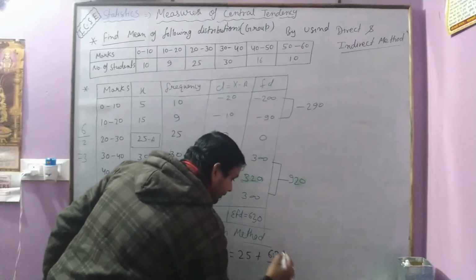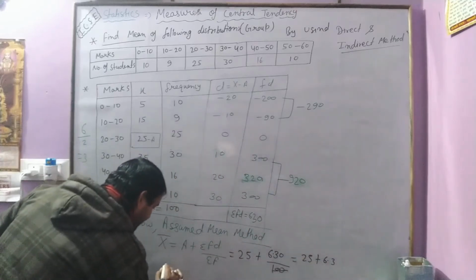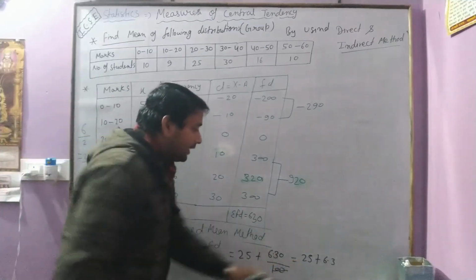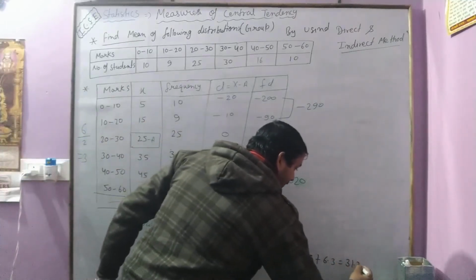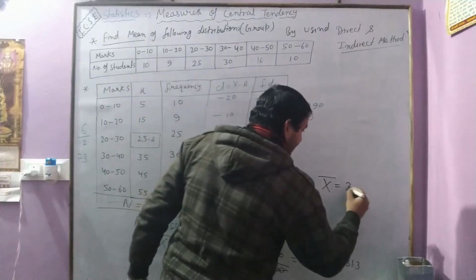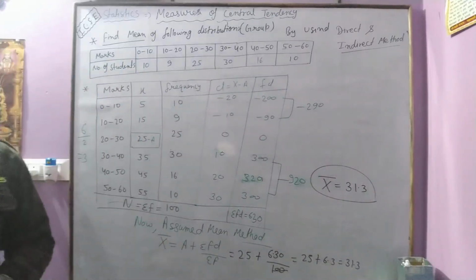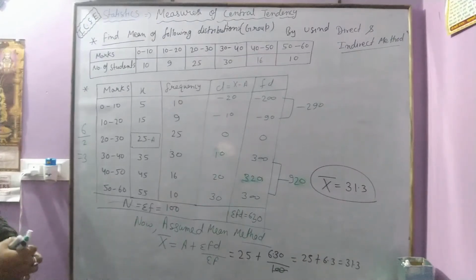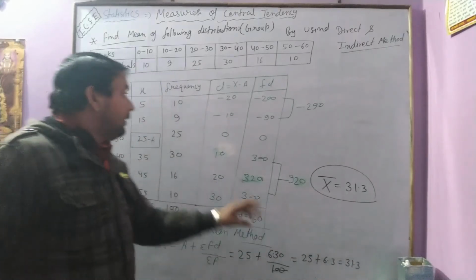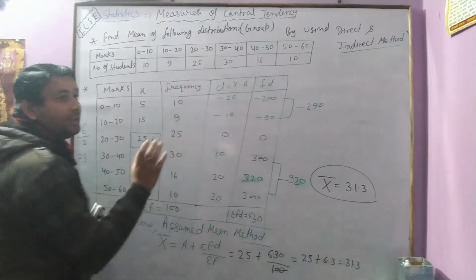This we get 25 plus 6.3, hence you will get this result equal to 31.3, which means the mean of the data by using this method is 31.3. So as you find, it is an easier method to calculate the mean in place of the direct method, because here the calculations are very easy.